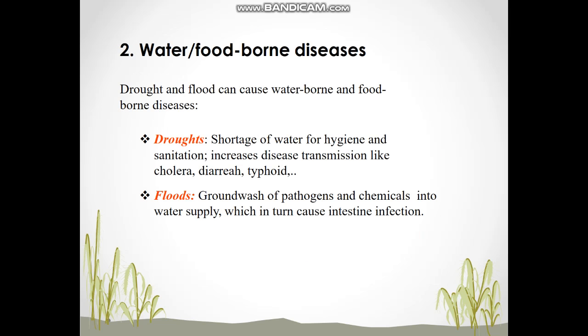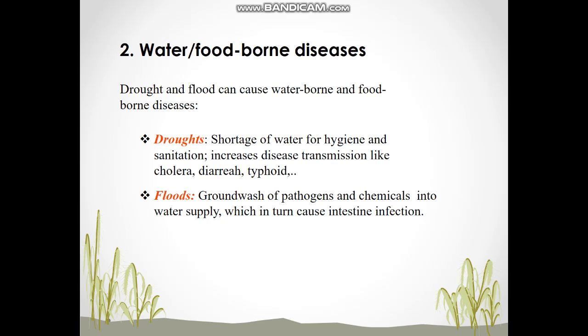Another indirect impact of global warming is that waterborne and food-borne diseases will become more prevalent. For example, because of drought, there will be insufficient water for hygiene and sanitation, like for washing hands or disposing feces, which results in the spread of diseases like cholera, diarrhea, hepatitis A, and typhoid.